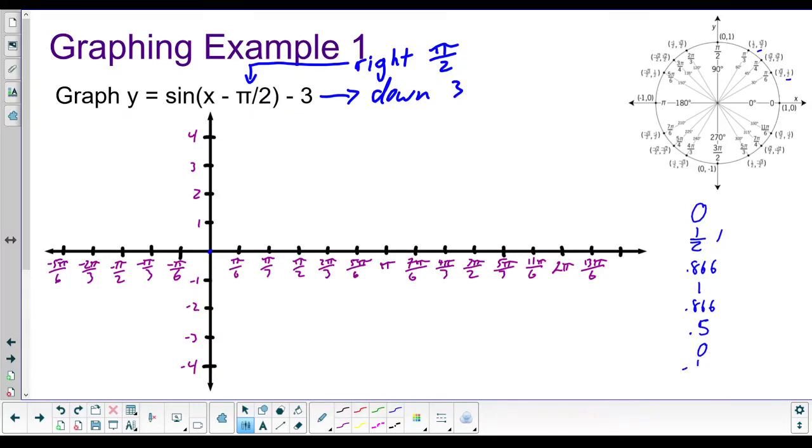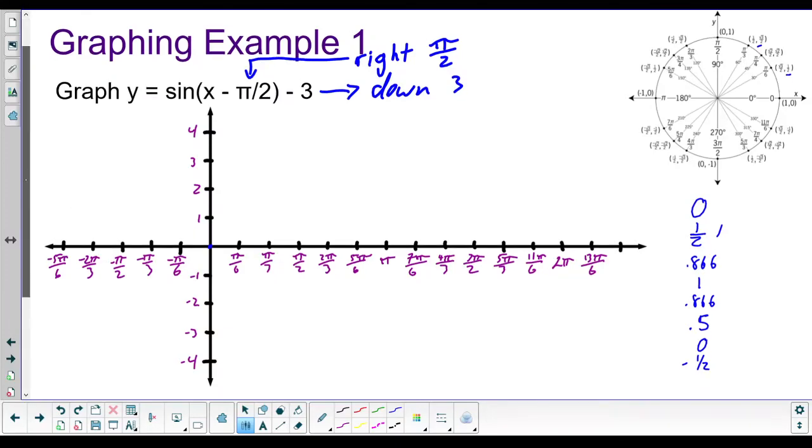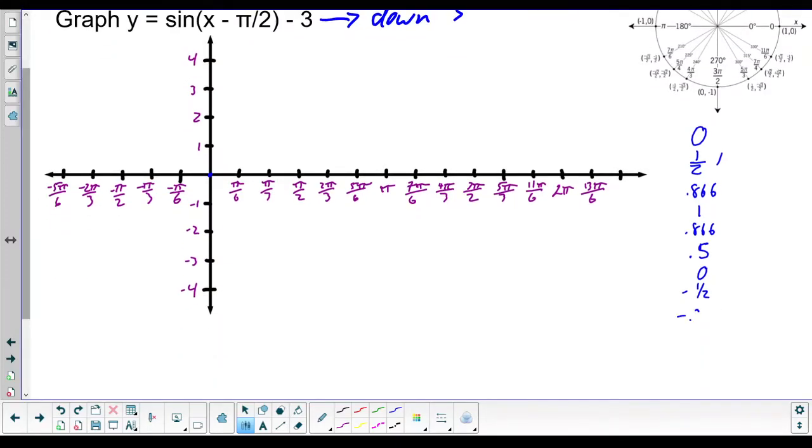So then you'd have negative a half, negative 0.866, negative 1, negative 0.866, negative 0.5, 0. And then it just repeats this pattern forever, over and over.